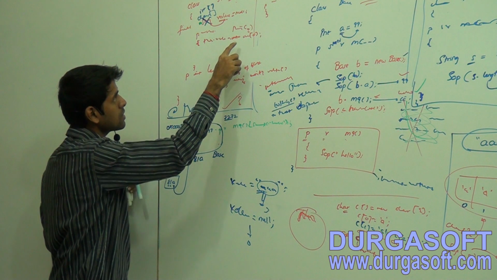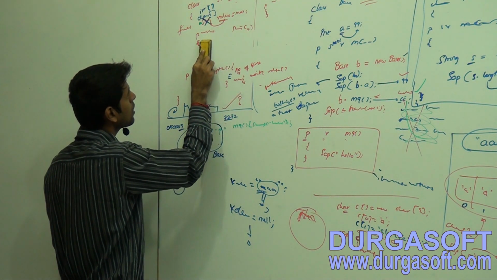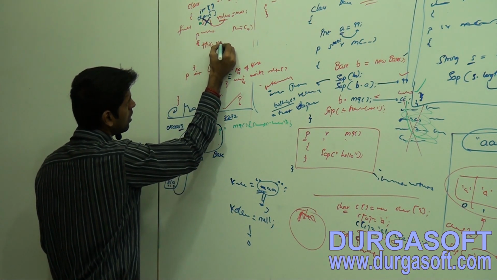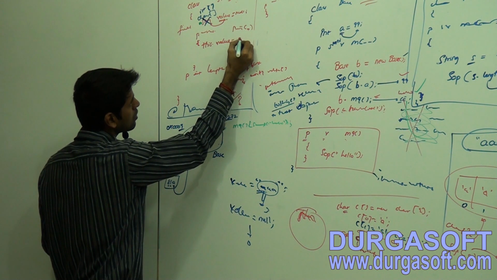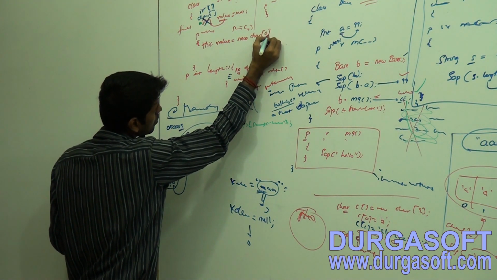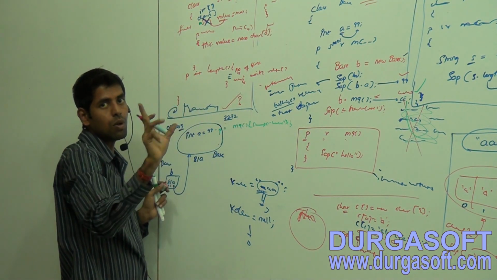Because of this, this is the implementation: this.value equals new char[0]. This represents the size, the number of blocks.